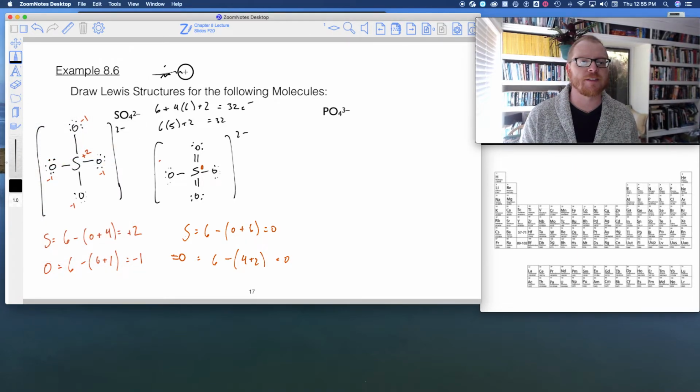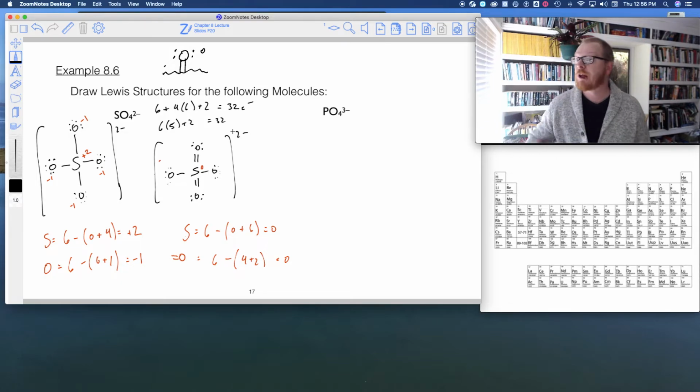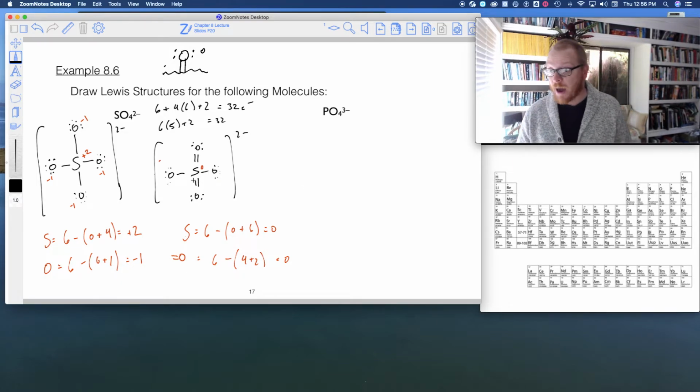You don't have to memorize this, but if you're a chemistry major, maybe this is a good thing to commit to memory. Whenever you have a double bonded oxygen like this, and it doesn't matter what it's bonded to, so that's why I kind of drew that squiggly, a double bonded oxygen always has a formal charge of 0. Always, no matter what it's bonded to, right? Because when we counted up this formal charge, we didn't consider what it's bonded to. So double bonded oxygens always have formal charges of 0.